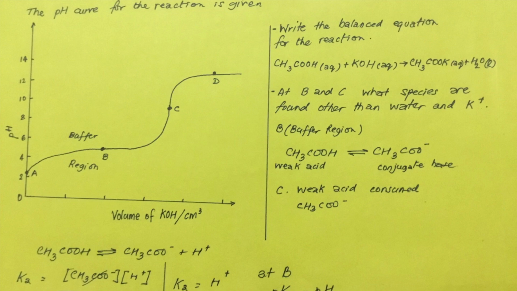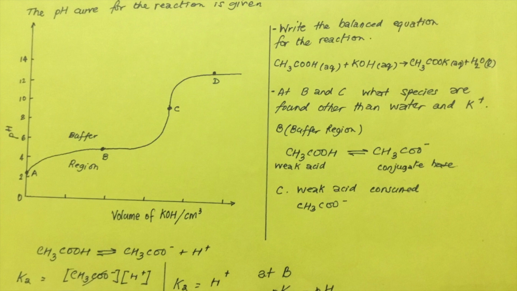Now, what students need to recall is that this is your buffer region, and it exists when you have a titration happening between something like ethanoic acid, a weak acid, and something like potassium hydroxide, a strong base. A similar kind of buffer region could exist if you have the reverse, which is a strong acid and a weak base.